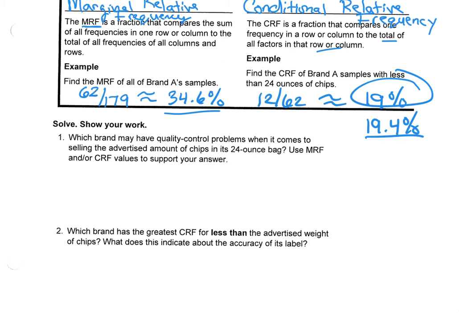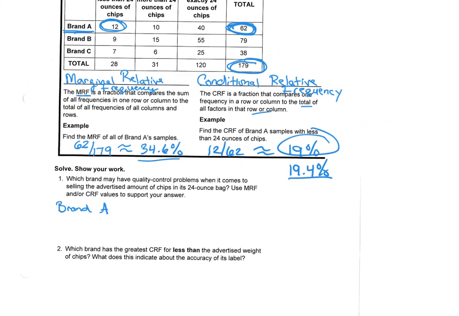Okay, so let's do brand A. And we want to find those that have more or less than 24 ounces, right? More or less, because the ones that are exactly are the ones that are okay. So we want more or less than 24 ounces. So in this table up here, we would have the 12 and the 10.